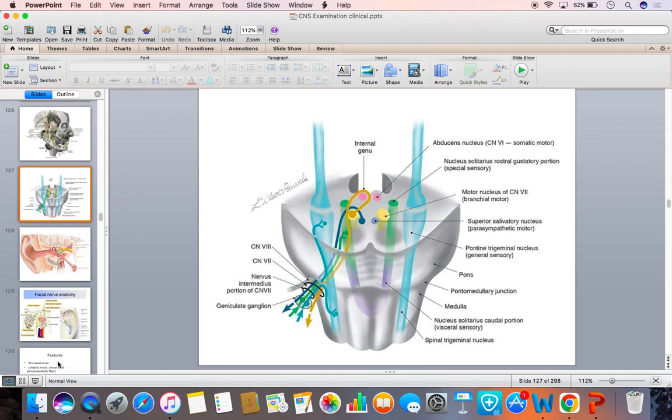You can see in this picture the location of the facial nerve nucleus and that of the abducens nerve nucleus. And we see the nucleus solitarius, the spinal nucleus of the trigeminal and the pontine nucleus of the trigeminal for general sensations. And you look at the salivary nucleus, etc.